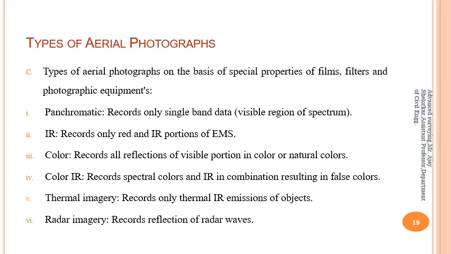IR records only the red and IR portions of the EMS. Color records all reflections of the visible portions in natural colors. Thermal imagery records only thermal IR emissions of the objects. Radar imagery records reflections of the radar waves.